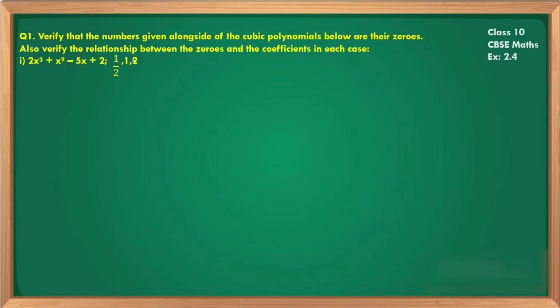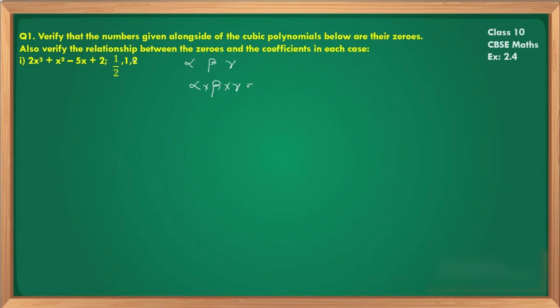What is a cubic polynomial? A polynomial with degree 3. When we have a polynomial of degree 3, the zeros would be three: alpha, beta and gamma, and the product of zeros would be alpha into beta into gamma.